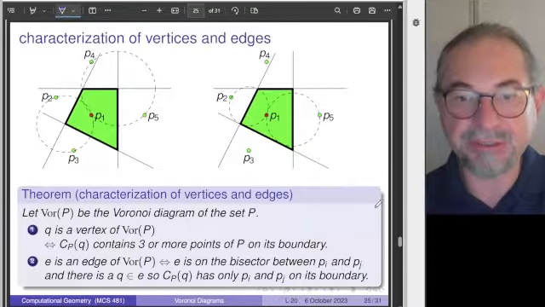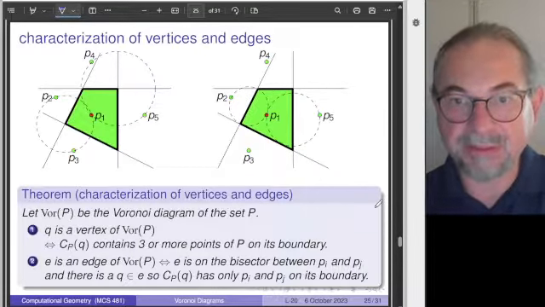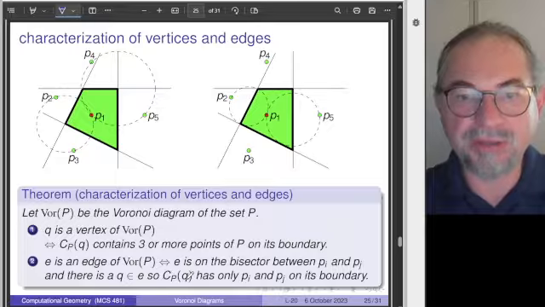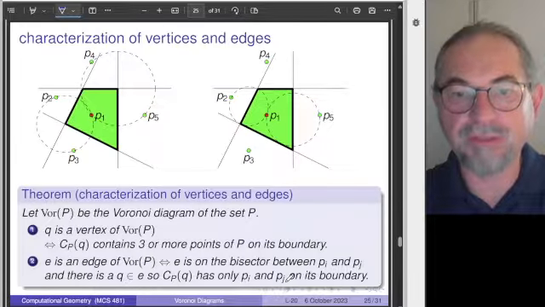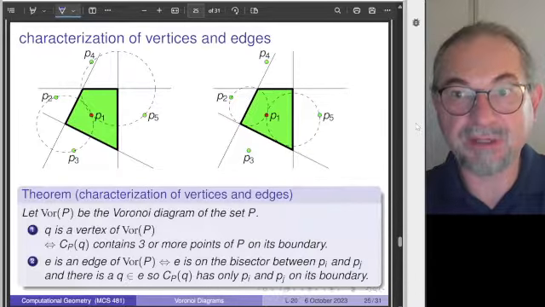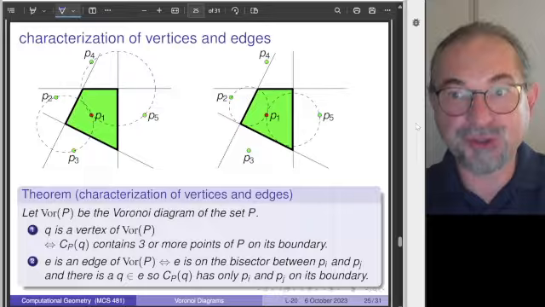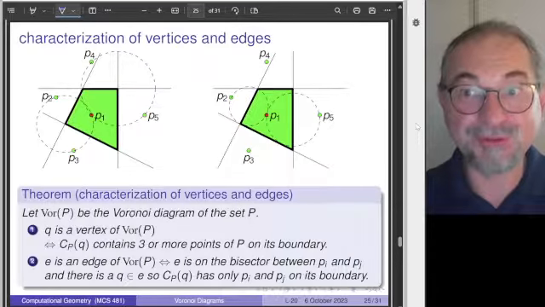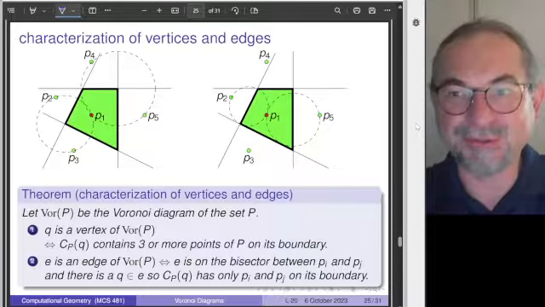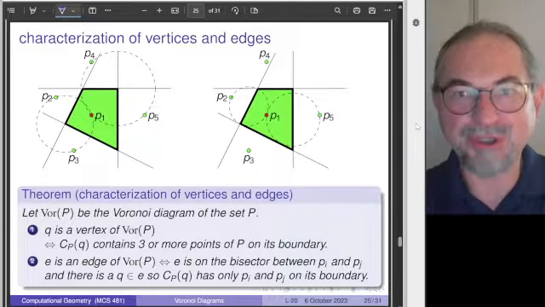The center Q of the largest empty circle is on this edge, and the largest empty circle has only Pi and Pj on the boundary. The pictures show it, and you can draw many pictures, or you can have the software generate many pictures.